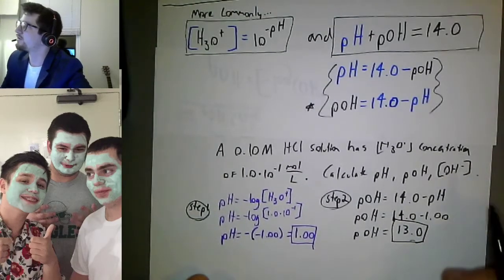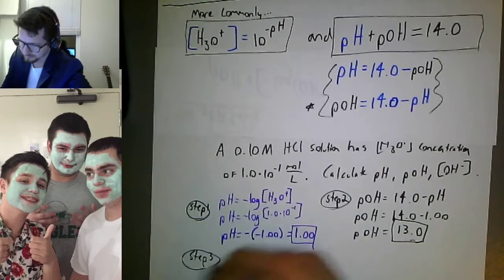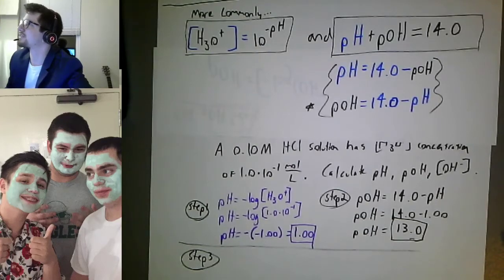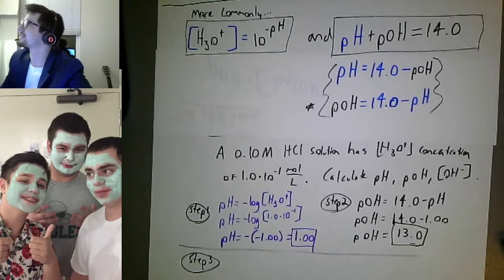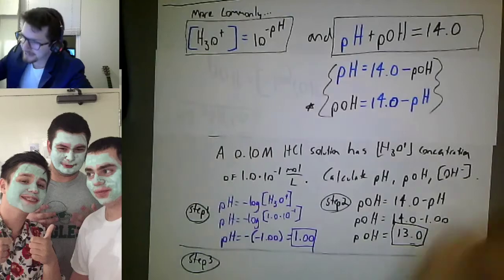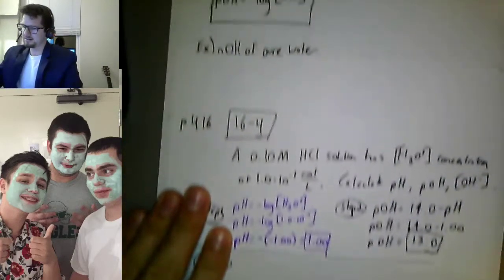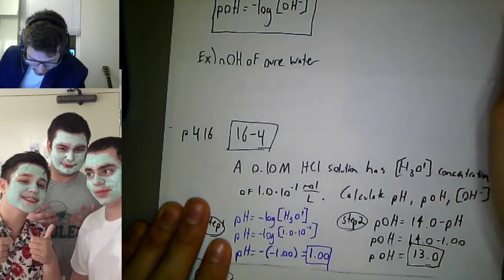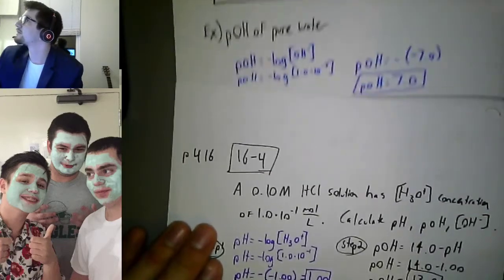Now I have step 3. I need to find the hydroxide content. So what do I do? Well, if we're looking for the hydroxide content, we learned an equation today that should help us with that, and it was right where was it?